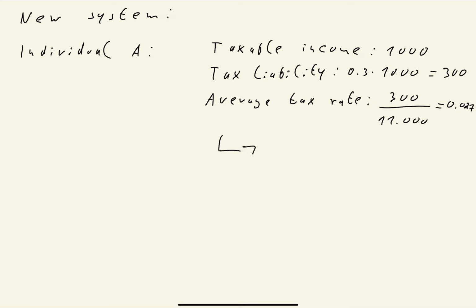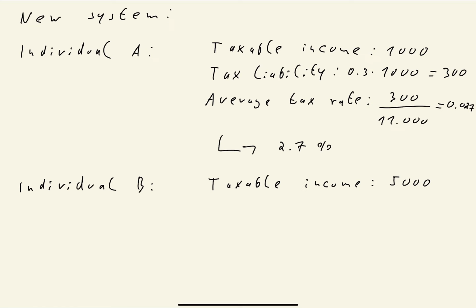So the average tax rate is still 2.7%. Now let us consider individual B. So individual B has now a taxable income of 5,000. So it's his 15,000 minus the 10,000 exemption.